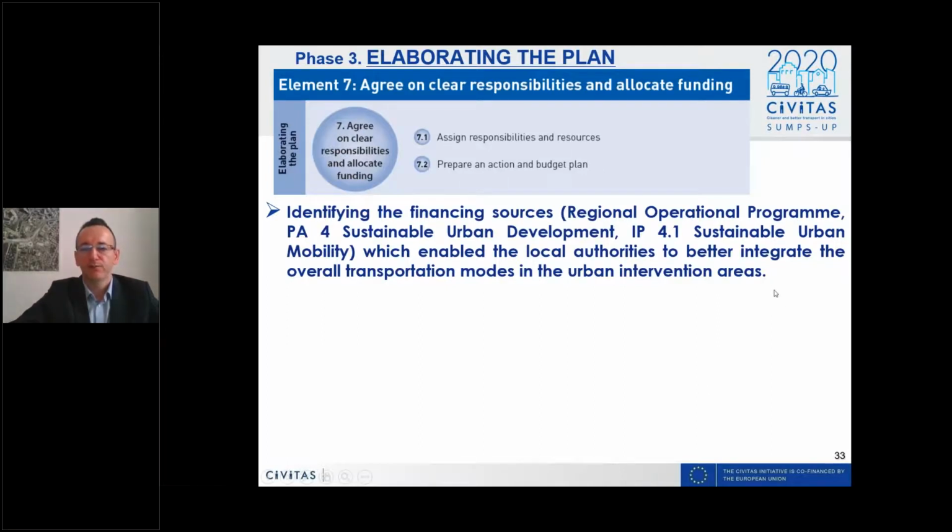We have an allocation of more than 1.2 billion euros for Romania for the 2014-2020 period.